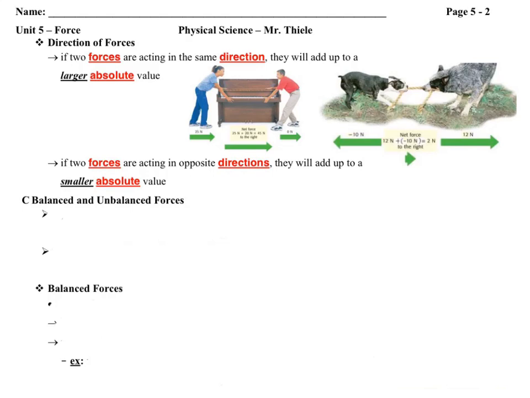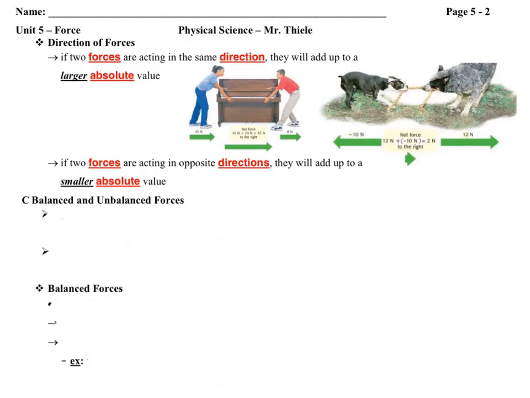The net force has a larger absolute value than either force that the two kids are applying. And with the two dogs playing tug of war, the net force has a smaller absolute value than either of the two dogs because they're pulling in the opposite direction.